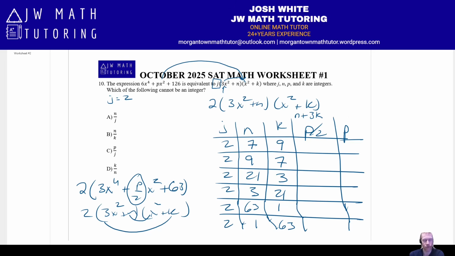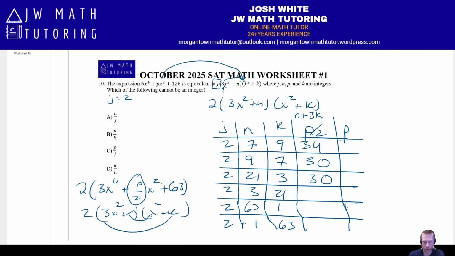So n plus 3k. 7 plus 3 times 9. 7 plus 27, 34. Next, it's going to be the opposite. So it's going to be 9 plus 3 times 7. 9 plus 21, 30. Then we're going to do 21 plus 3 times 3, or 21 plus 9.